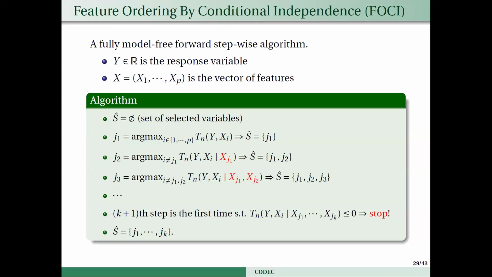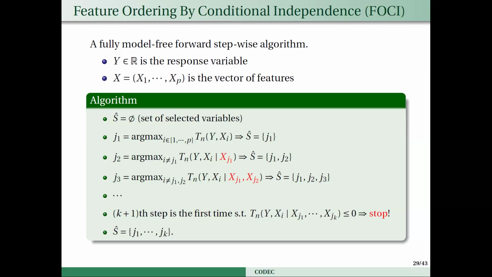That's a sign that I should stop. Why? Intuitively, it's saying that given the set that you have already picked, none of the other variables is going to contribute to the structure, meaning that all the other remaining variables are kind of conditionally independent. I say that in quotation marks.